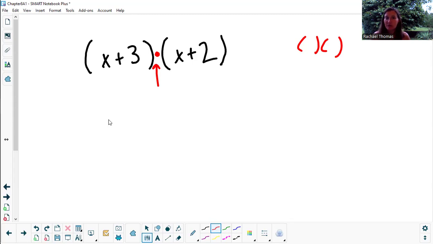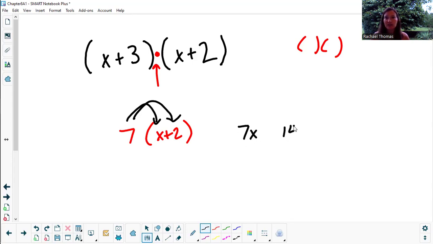Now, you know the distributive property already. If I said, I don't know, 7 times x plus 2, you'd probably do that in your sleep. You know you take 7 times x and 7 times 2, and you add those things together.